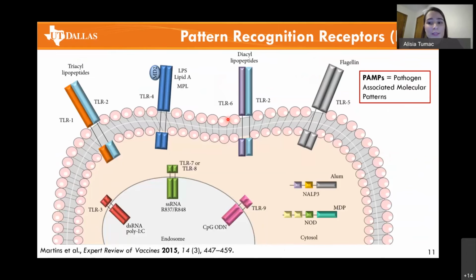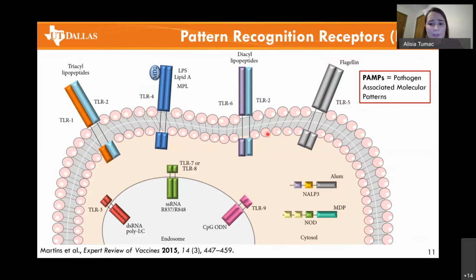So antigen-presenting cells essentially contain these germline-encoded pattern recognition receptors, and toll-like receptors are just a subtype of these PRRs that are able to detect pathogens both from the outside and the inside of the cells. And you will see that the PAMPs adjuvants essentially exploit these PRRs to their advantage.